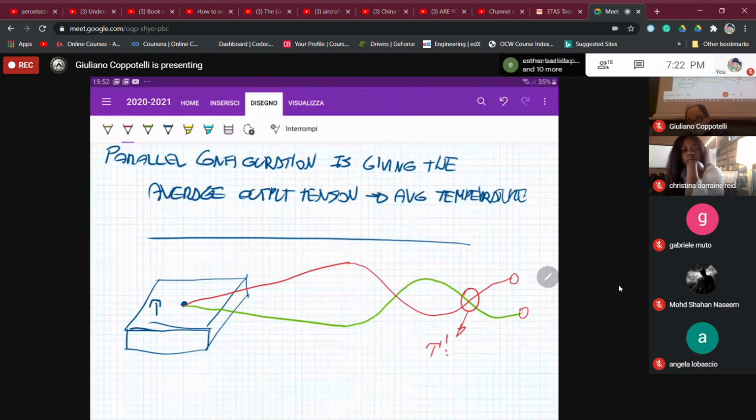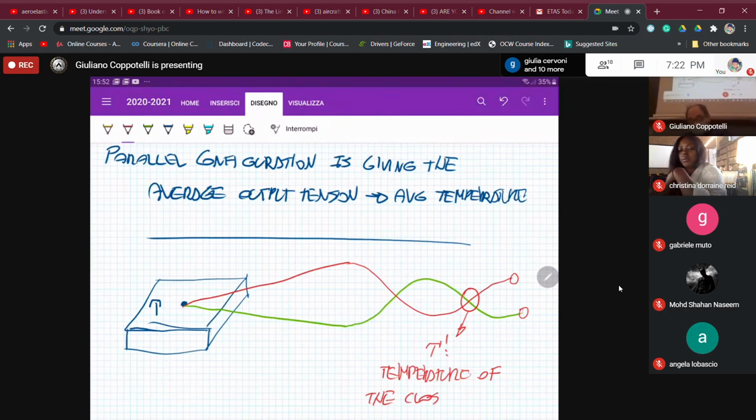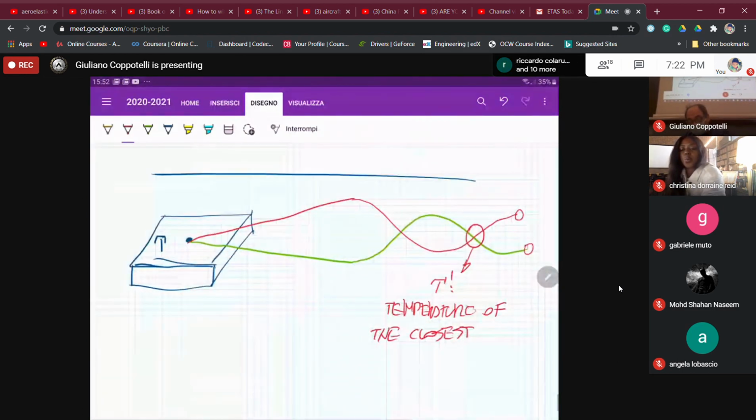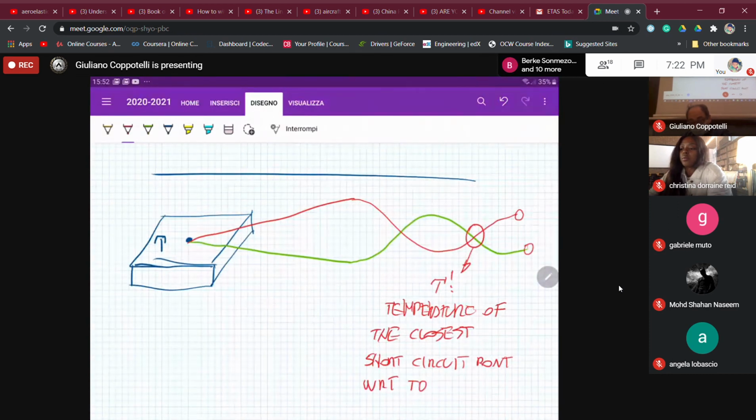that is the temperature of the closest short circuit point with respect to the measuring point.